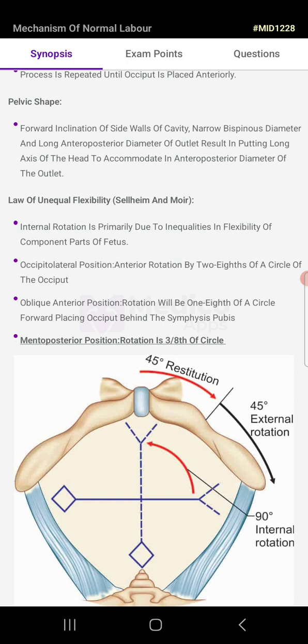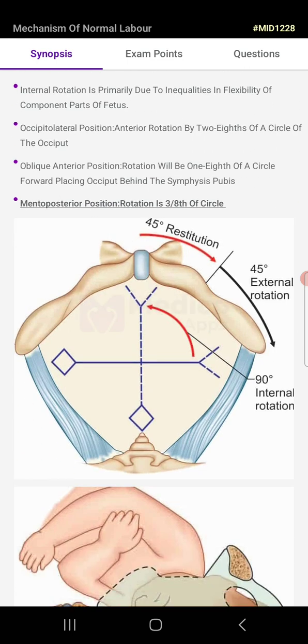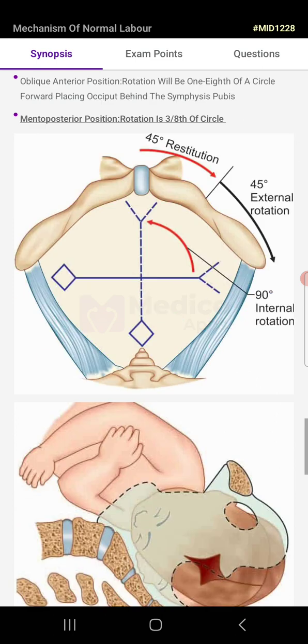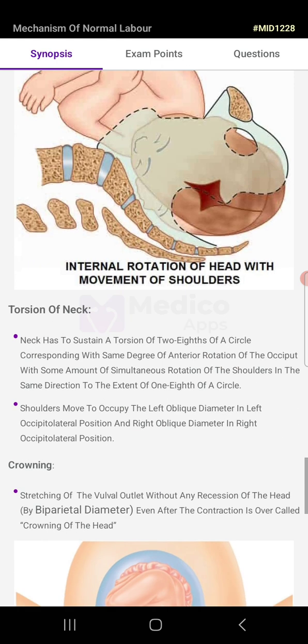In occipitolateral position, anterior rotation of the occiput is by 2/8 of a circle. In oblique occipito-anterior, rotation will be 1/8 of the circle forward, placing the occiput behind the symphysis pubis. In occipito-posterior position, rotation is 3/8 of the circle. 45% external rotation, 90% internal rotation.